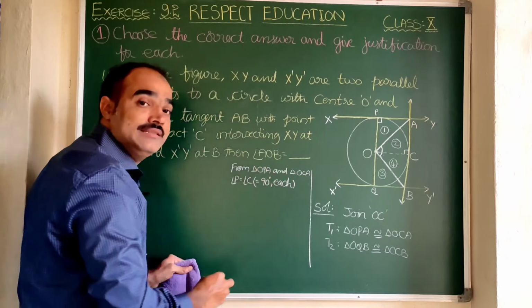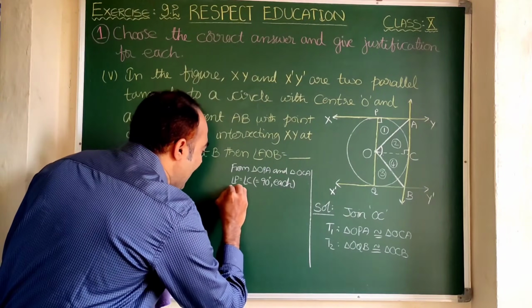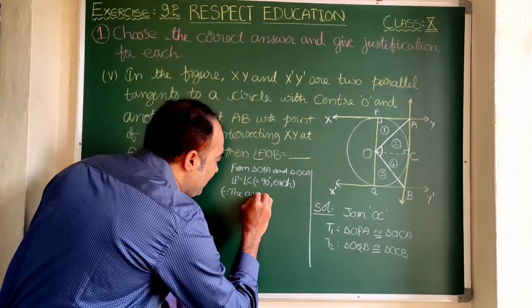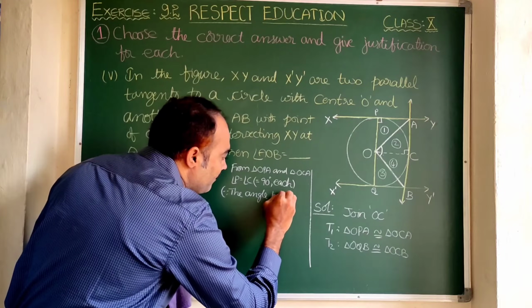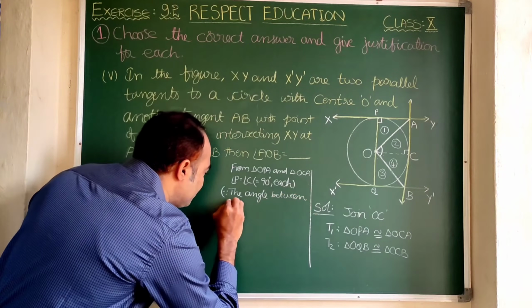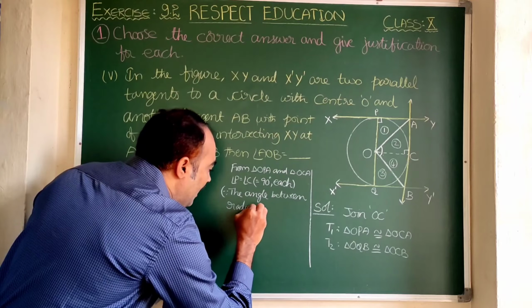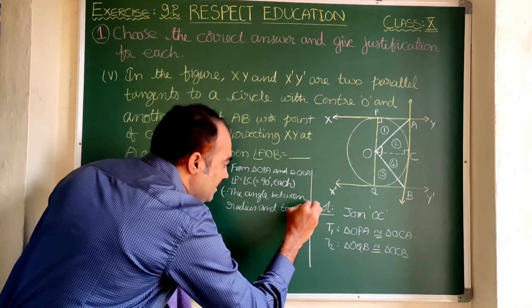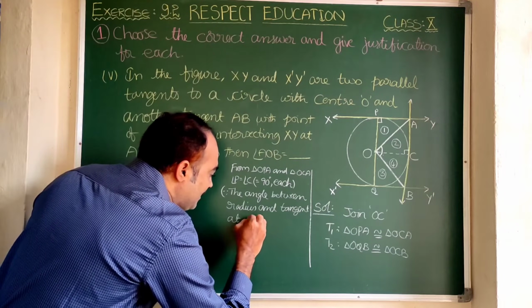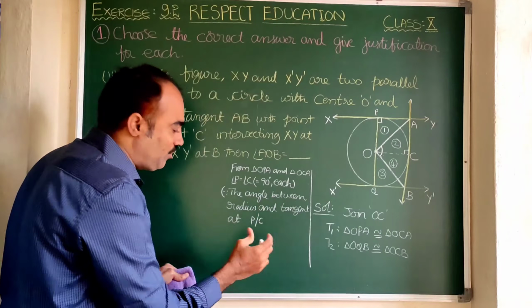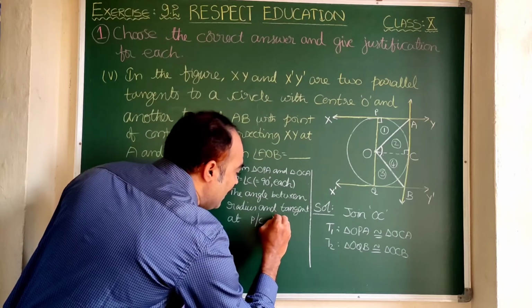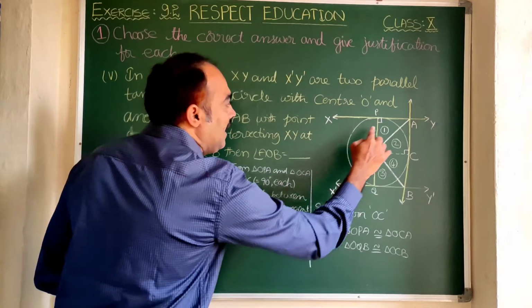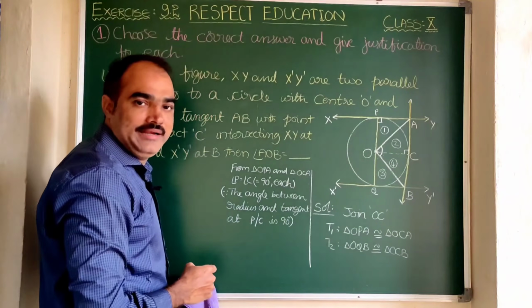The reason is that since the angle between radius and the tangent at the point of contact, at P and C, just a shortcut of point of contact, is 90 degrees.